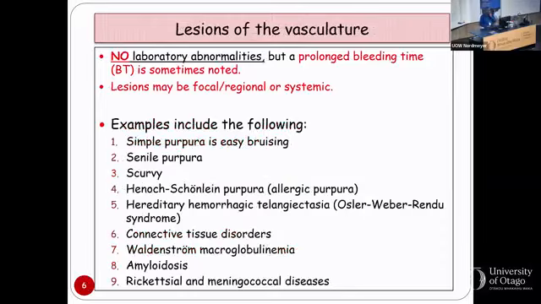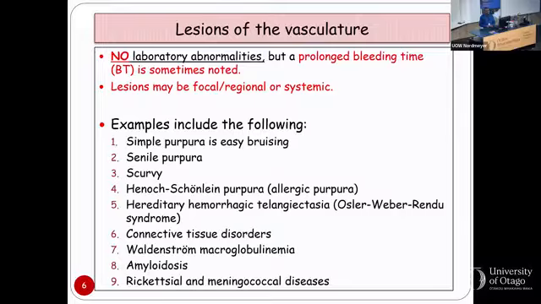So usually when there are problems with the vasculature, you might find that there is no abnormality in the laboratory tests because, of course, vessel wall abnormalities will not show up in the standard screening coagulation tests. So do not be surprised if you have done a coagulation screen and everything is normal.